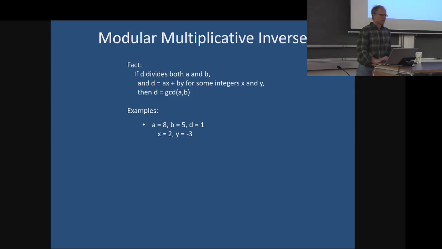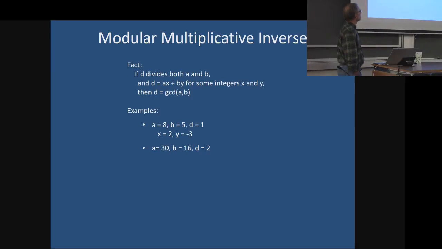Now, the GCD of 30 and 16 is 2. So it ought to be possible to find an X and a Y so that 30X plus 16Y equals 2. So what works? Negative 1 and 2. Yeah, negative 1 and 2 work. Could you also have 1 and negative 2?